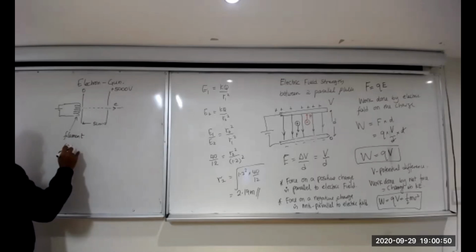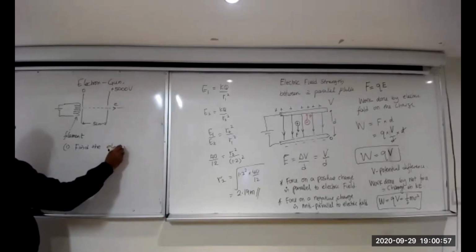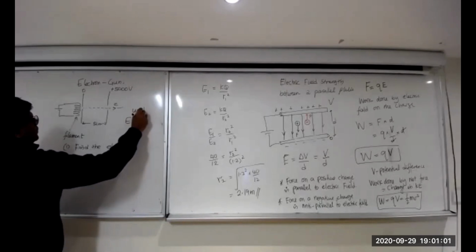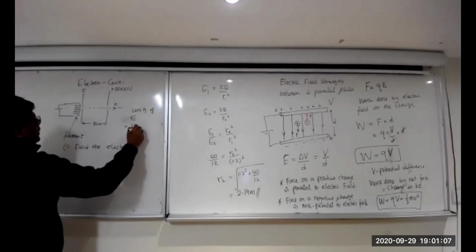Find the electric field strength. Electric field strength, guys, unit wise, is either volts per meter or newtons per coulomb.